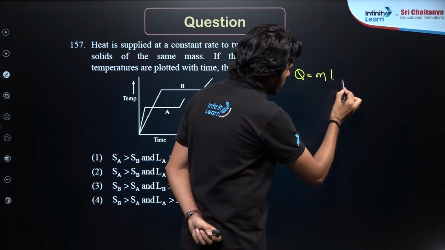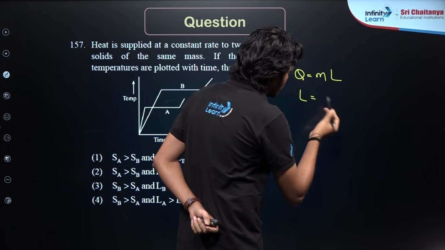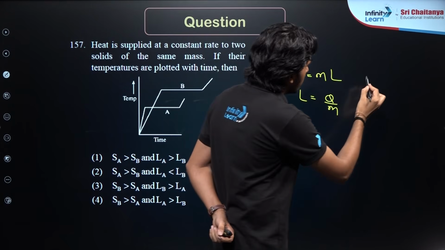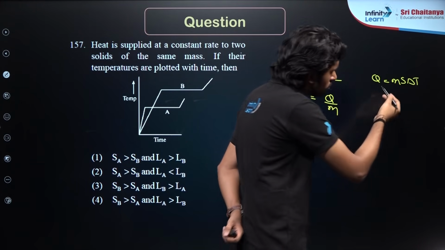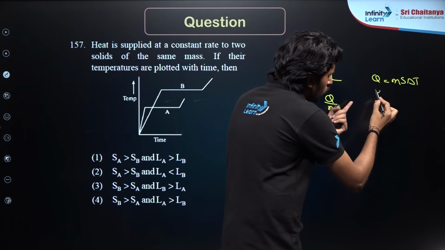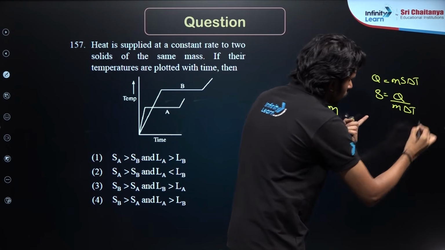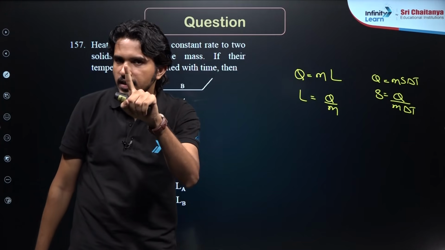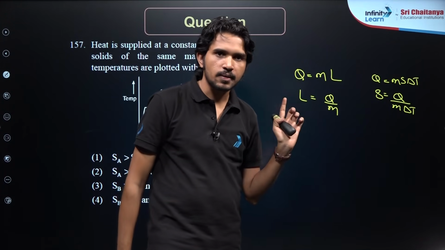This is the energy given for the change of state. L is Q by m. Similarly, Q equals m s delta T. This is also energy required. S could be written as Q by m delta T. That means the energy required to change the temperature by 1 degree centigrade for unit mass. That is S.